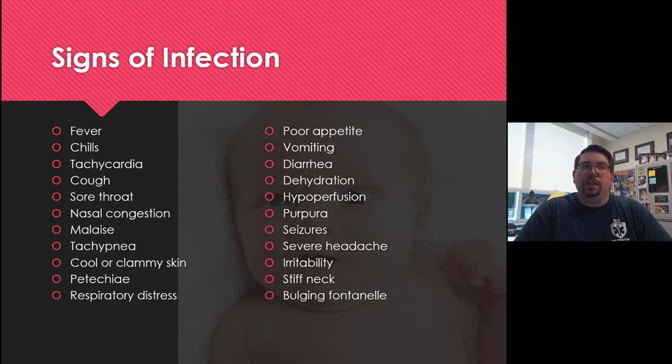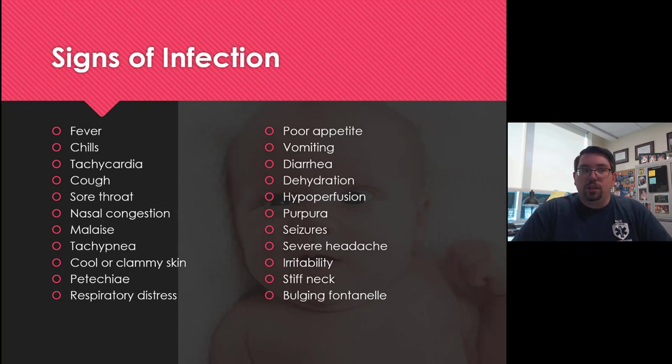There are a number of signs of infection that we must be aware of and be looking for on our pediatric patient to ensure that we're assessing them to the full requirement that they need. These include things like fever or chills, tachycardia. We know that pediatric patients are oftentimes tachycardic normally based on their physiological needs, but if we're seeing excessive tachycardia for a pediatric patient, that can oftentimes be a sign of dehydration or infection.